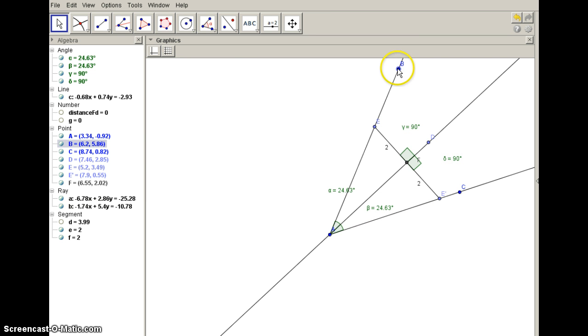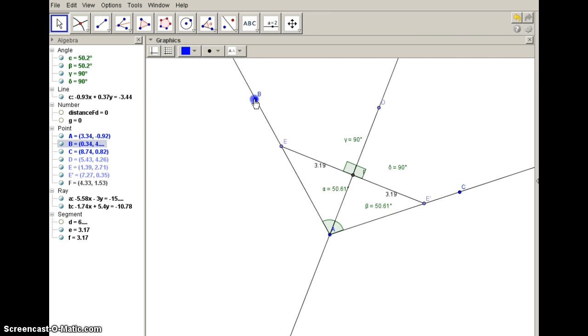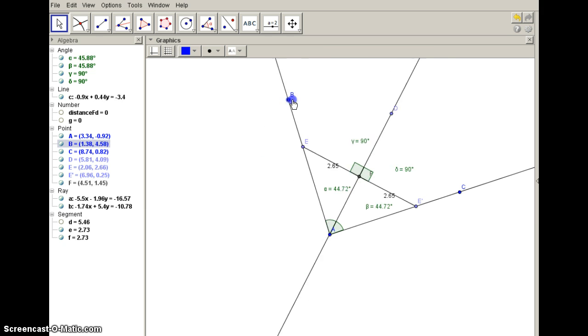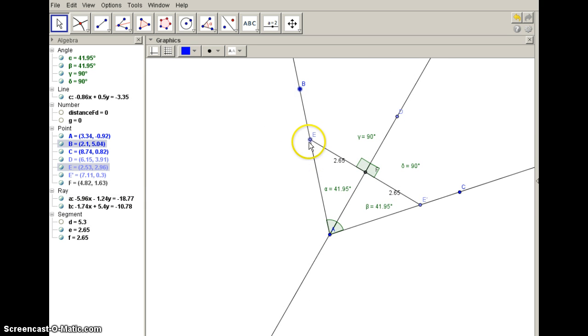Okay, so now notice that the reflection is going to take the object, move it along the perpendicular line to the line of reflection, and land it equidistant on the other side, still on that perpendicular.